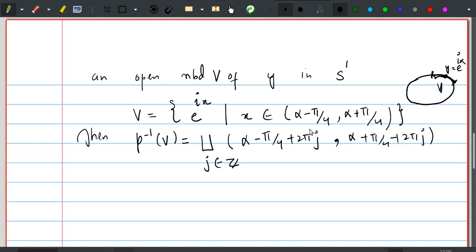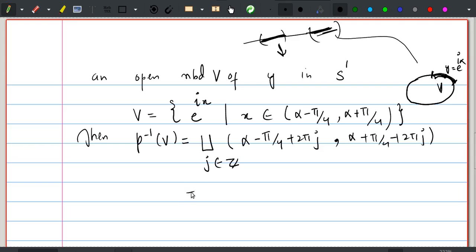So note that for this interval we have some interval over here, and that interval is mapped to this open arc. Now when we translate this open interval in R by this period, we take a full round of the circle and reach this point again. So this interval is again mapped to this interval.